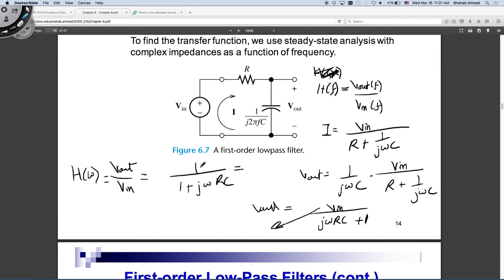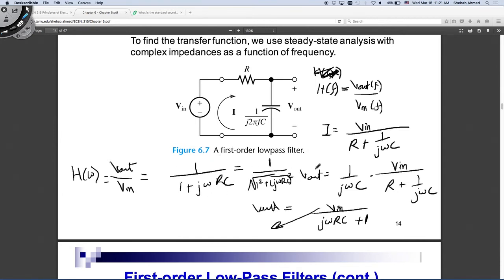So the magnitude of the top is equal to 1, right? Magnitude of the bottom is equal to the square root of this squared plus this squared. Square root of 1 squared plus omega RC squared. That's the magnitude of this.